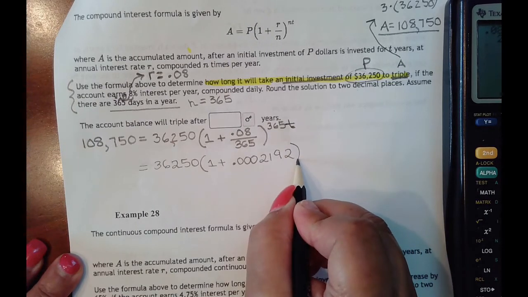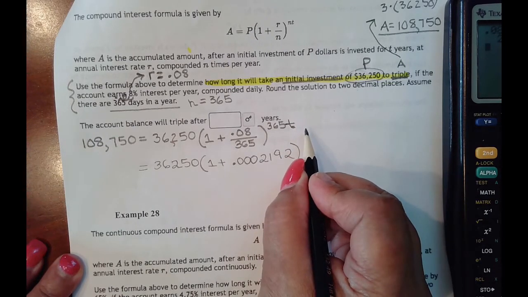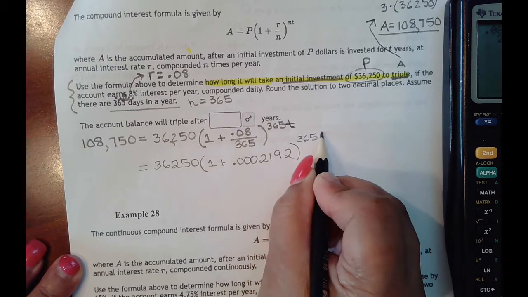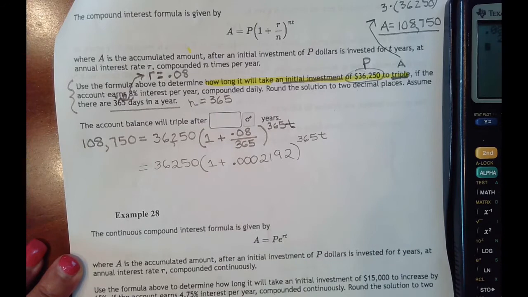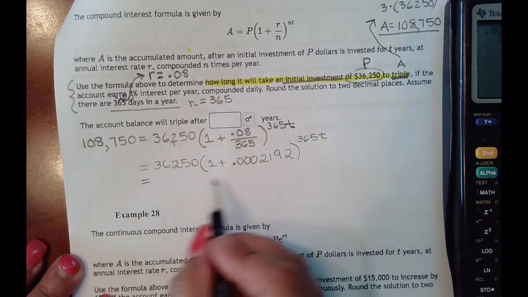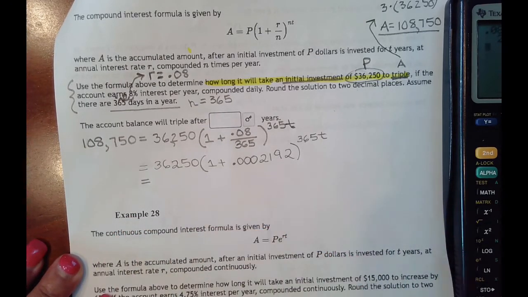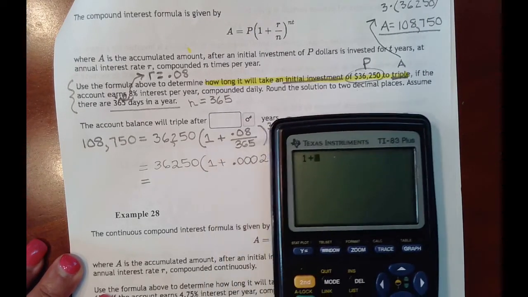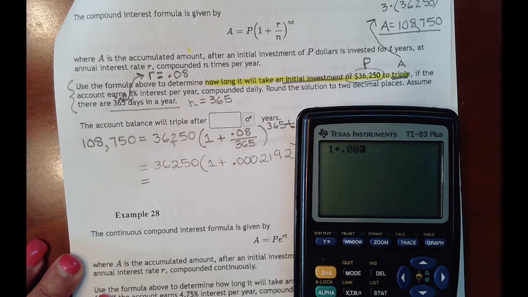And then we are raising that up to a power of 365t. Okay, then, because it's not in scientific notation anymore, you can add this to the 1. So it'd be 1 plus 0.00029192.